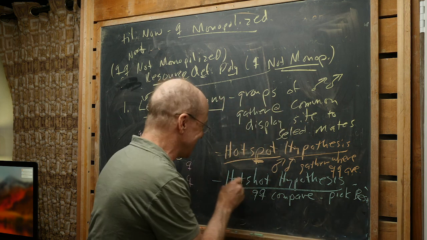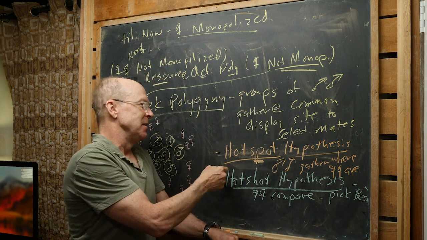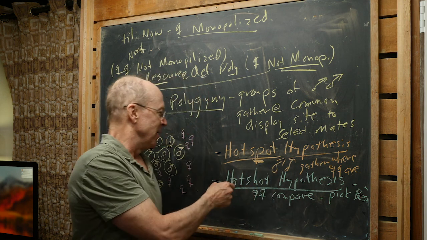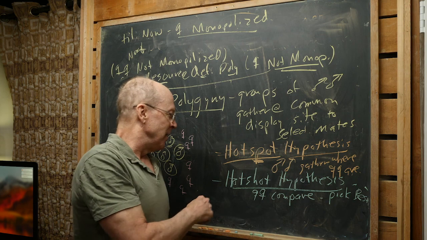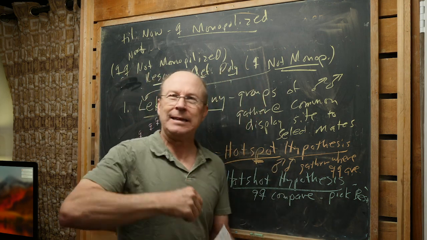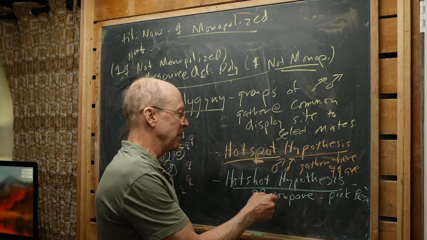And actually, this is a very good idea. The hot spot hypothesis would imply that if you're there, you're going to have an equal chance. If you're the hot shot, which I suppose is what that kid became when he learned the dance steps, the hot shot hypothesis is that the females compare and they pick the best.